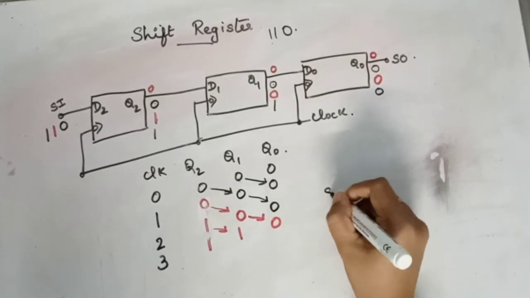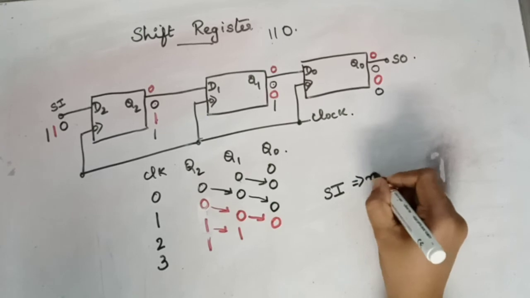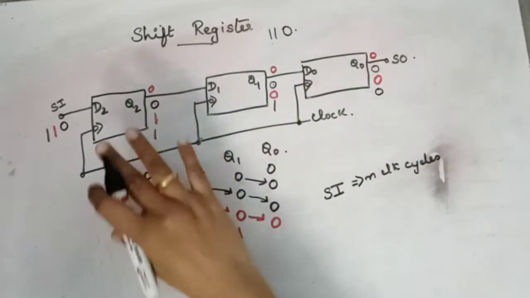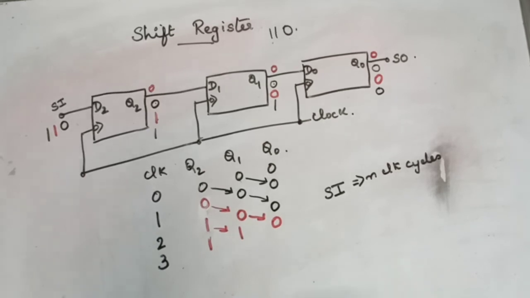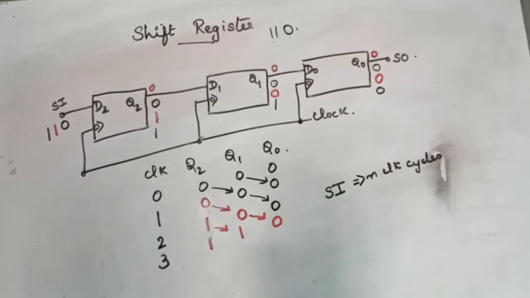So in the case of serial input, I need n clock cycles to store the data just for serial input. I have not started taking it serially out because only now I have the whole data stored.